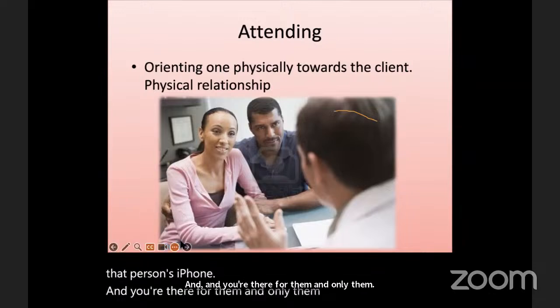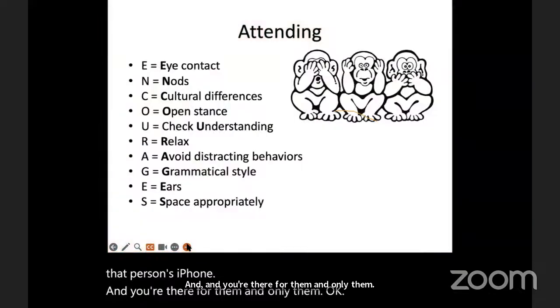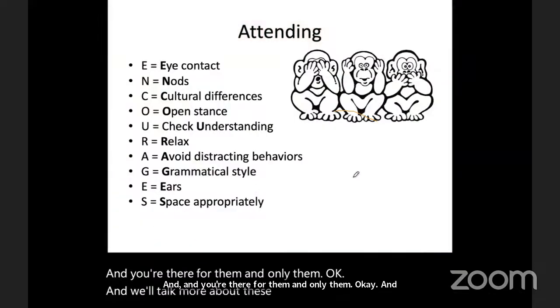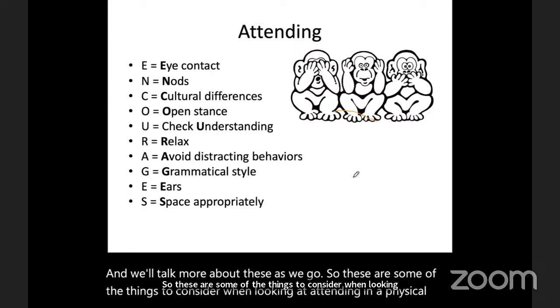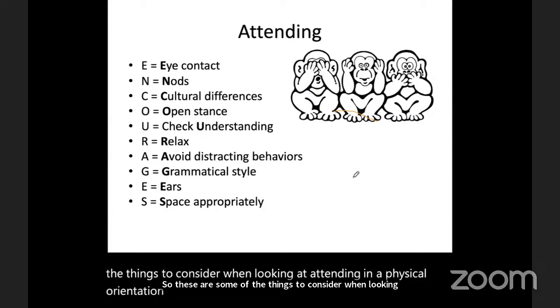Okay. And we'll talk more about these as we go. So these are some of the things to consider when looking at attending in a physical orientation. One is eye contact.